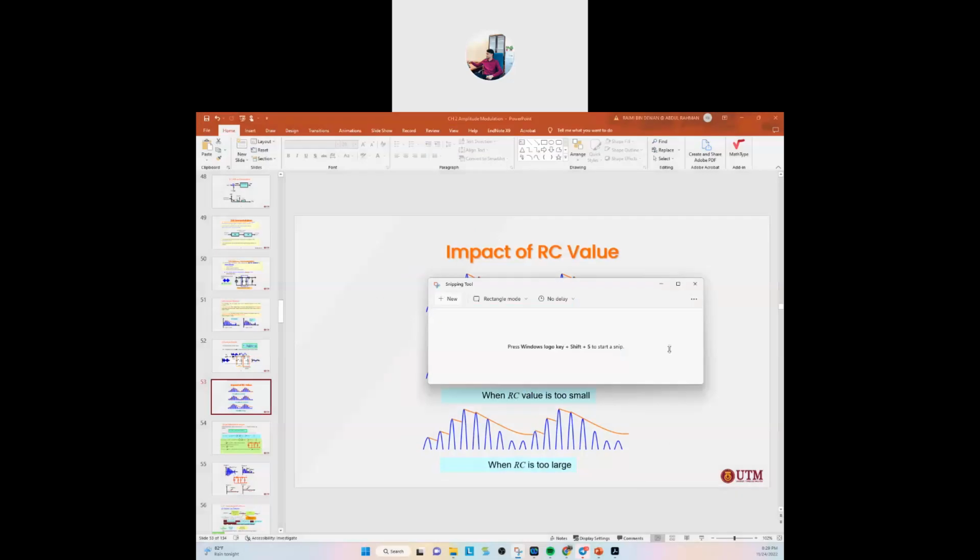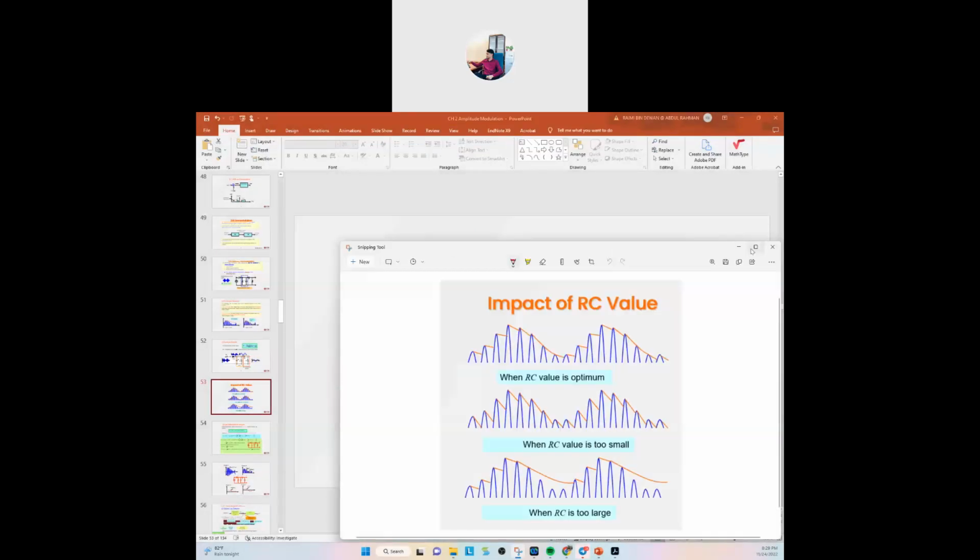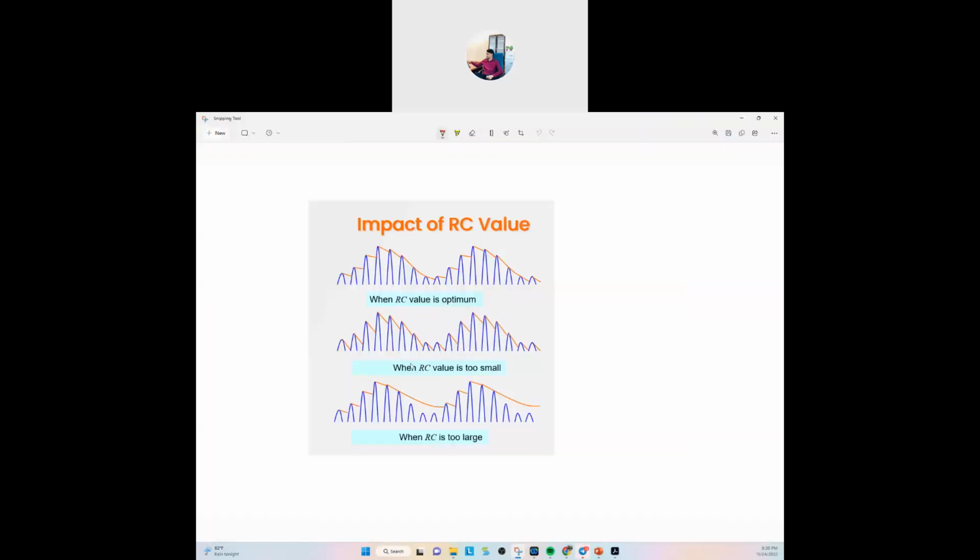If the value is too high or too low, for example, if the RC value is too small, you're going to have an effective ripple, you can see, right? If it's too large, it will look like clipping.